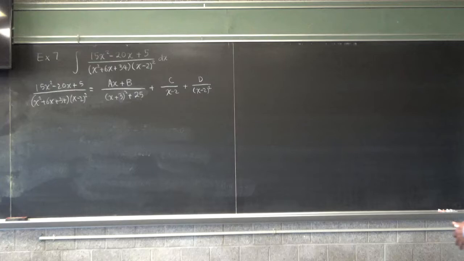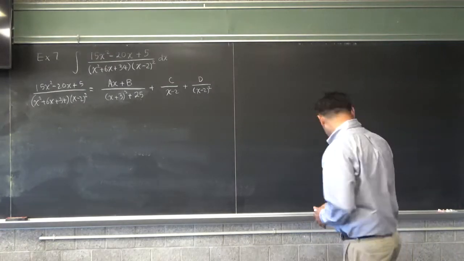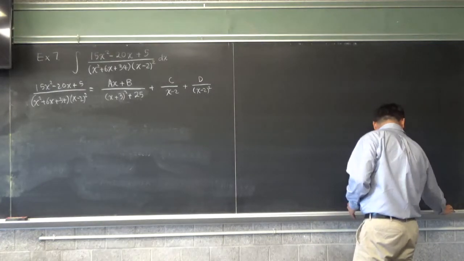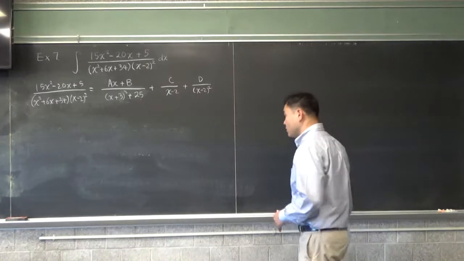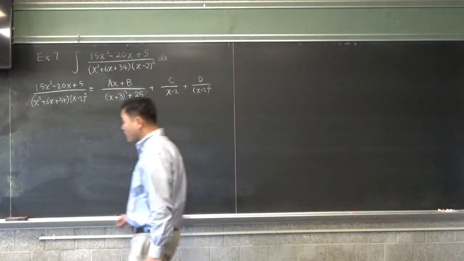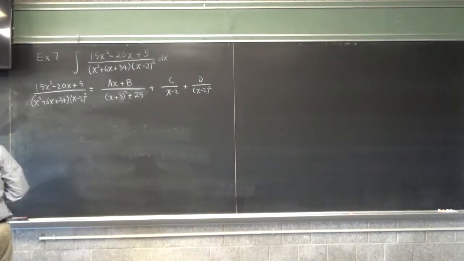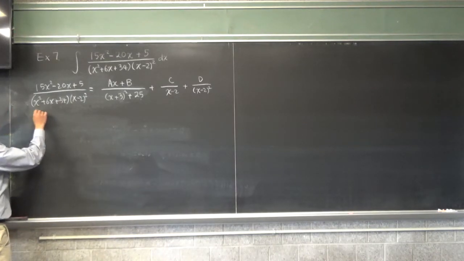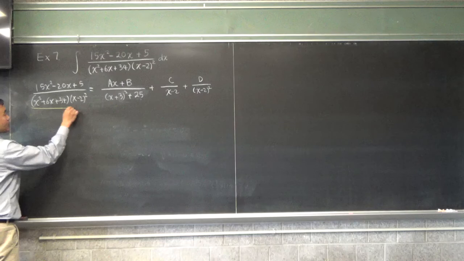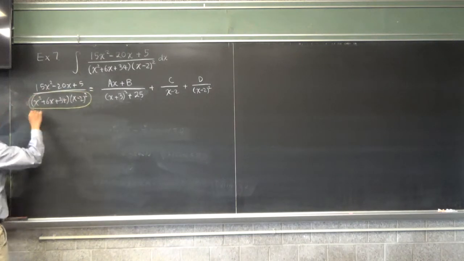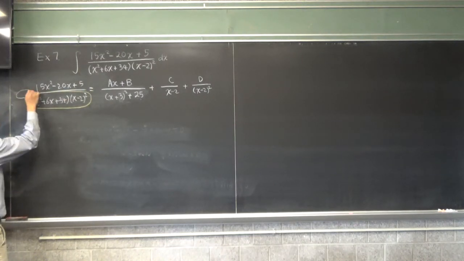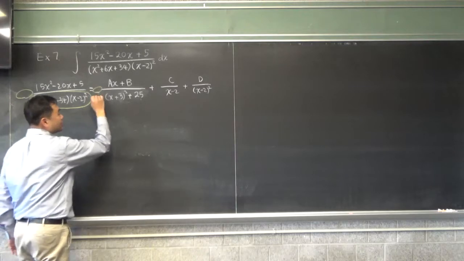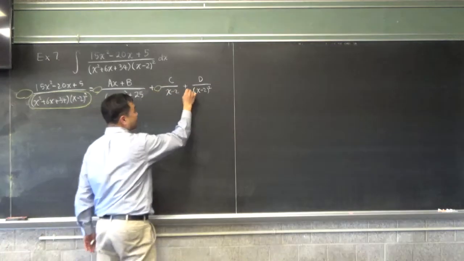All right, so now let's try to find this out. What I want to do is multiply this here, here, here, and here.